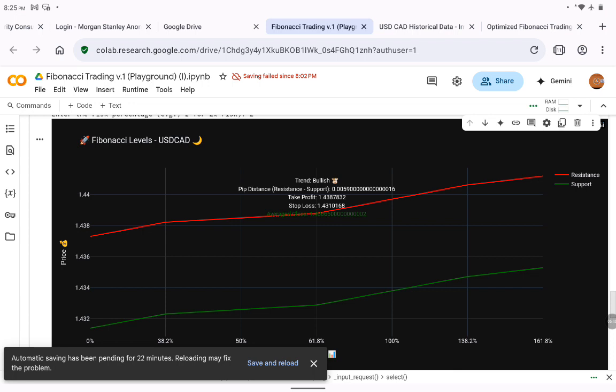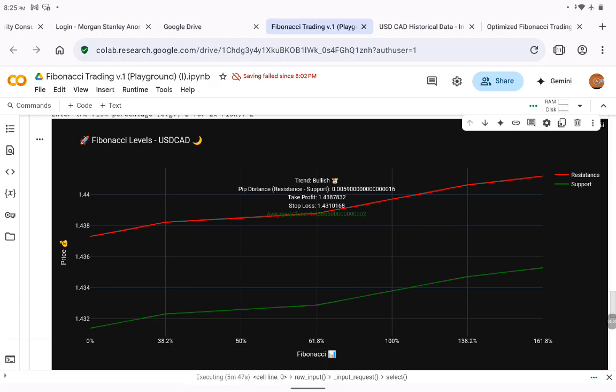There you can also see the average close, 1.4366. So this is the first version of the application.